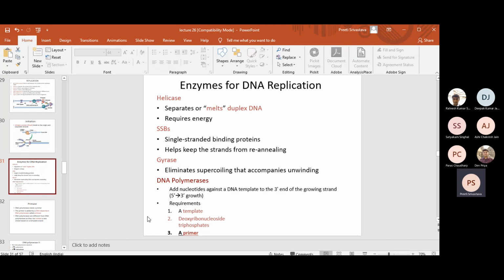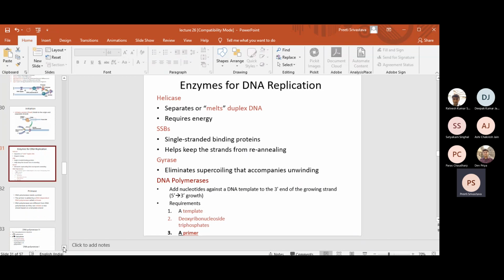And then you have the DNA polymerases. What is important to tell you here is that there are in fact 3 DNA polymerases in bacteria: DNA polymerase 1, polymerase 2, and polymerase 3. All 3 polymerases have 5' to 3' polymerase activity.